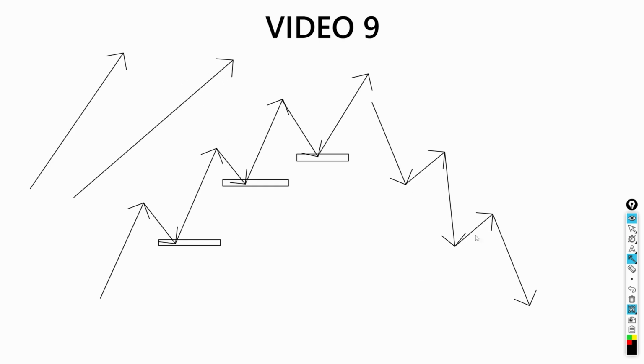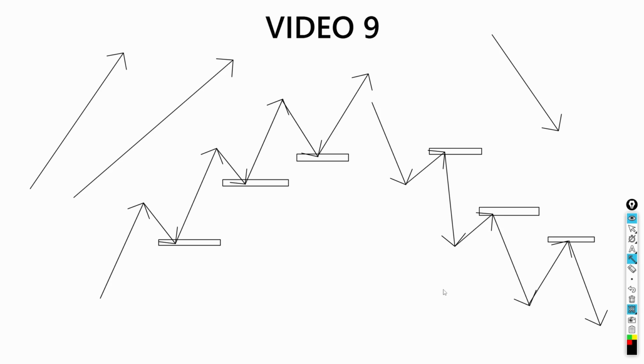Similarly, when the price is in a downtrend, these are your selling zones. If you have a downtrend market, you will try to take trades in the direction of the trend. In a downtrend, you will follow a selling zone and then take a reversal trade in the direction of the trend.